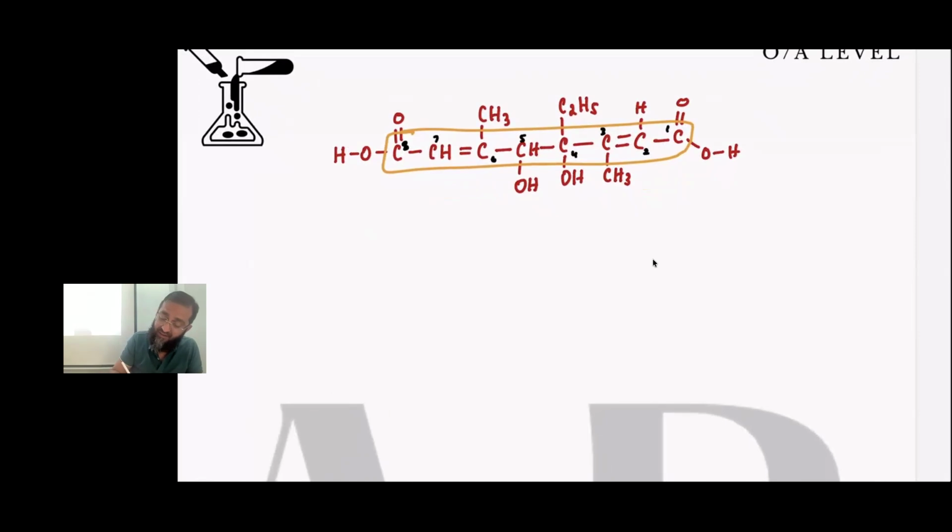First thing, it is going to be 4-ethyl, because on the 4th carbon there is an ethyl group.